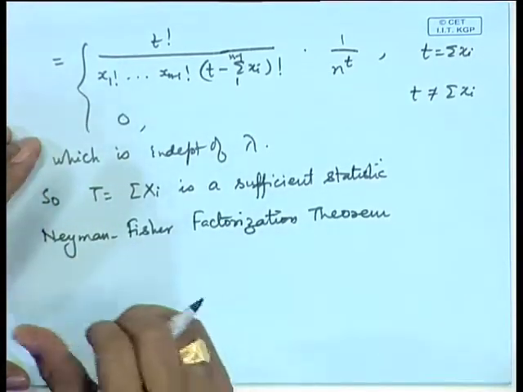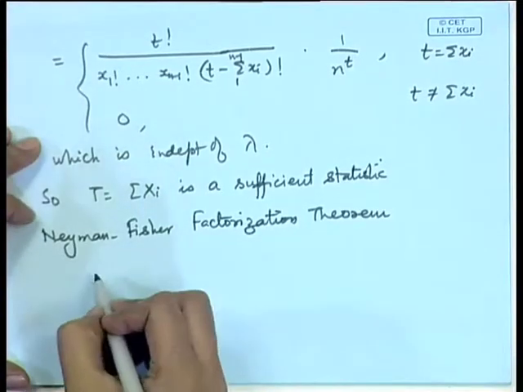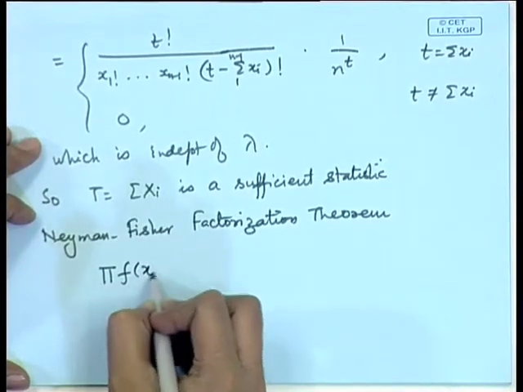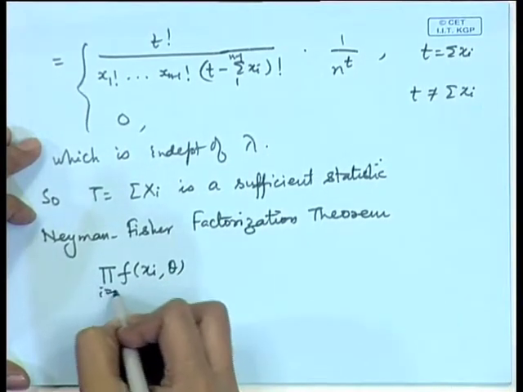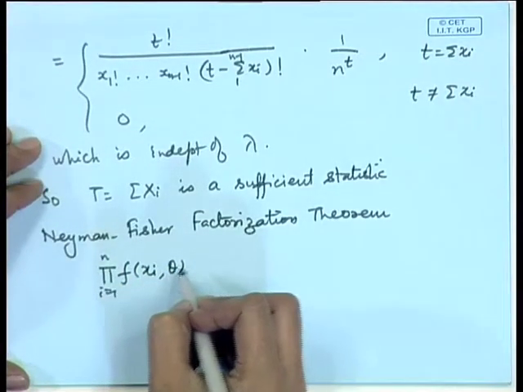I will not state the theorem in full form, rather we look at the practical aspect of it. We write down the joint density, that is the product of f(xi; theta), i equal to 1 to n. This is the joint probability density function of X1, X2, ..., Xn.